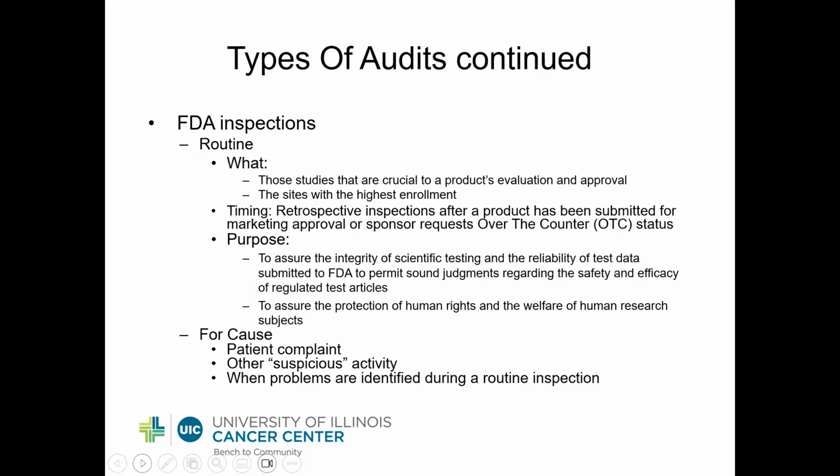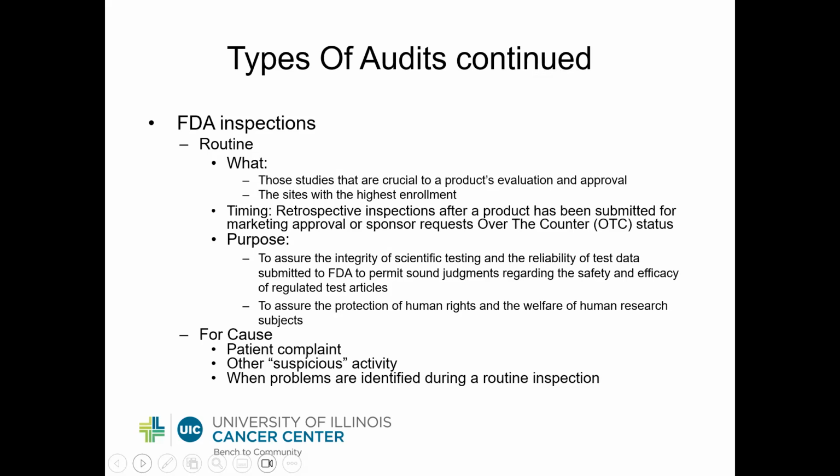FDA inspections are routine for those studies that are crucial to a product's evaluation and approval, and the sites with the highest enrollment. There are also retrospective inspections after a product has been submitted for marketing approval, or when a sponsor requests over-the-counter status.